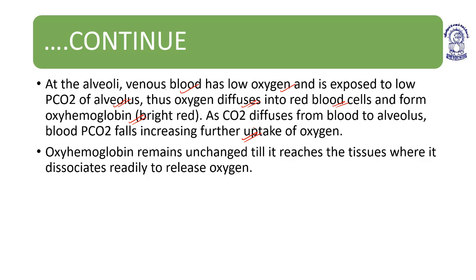At the level of alveoli, the partial pressure of oxygen is around 104 millimeters of mercury and partial pressure of CO2 is around 40 millimeters of mercury. But the pulmonary artery blood carrying the oxygen is very less, around 40 millimeters of mercury, and the partial pressure of CO2 is around 45 millimeters of mercury.